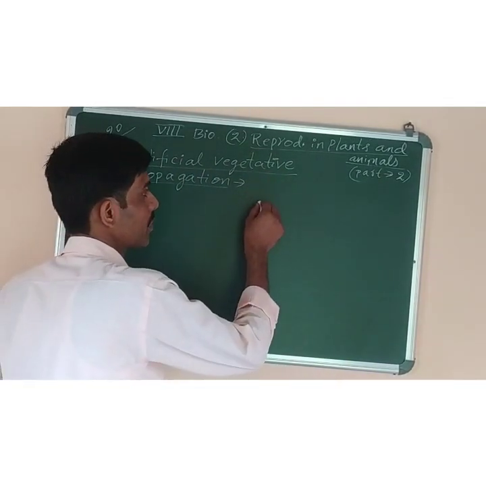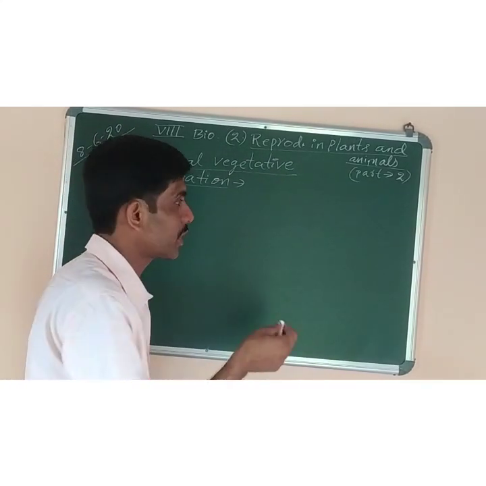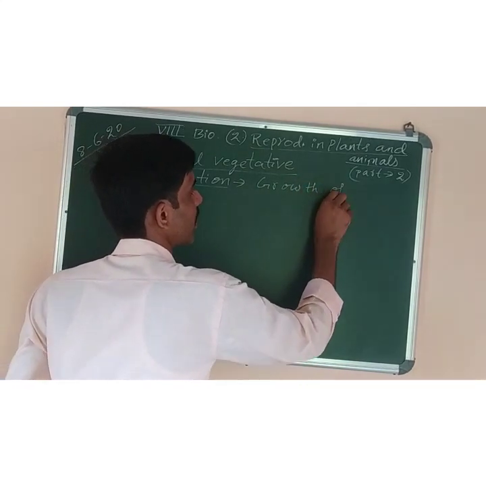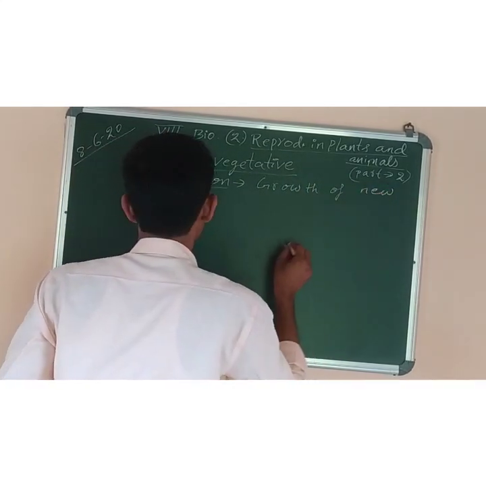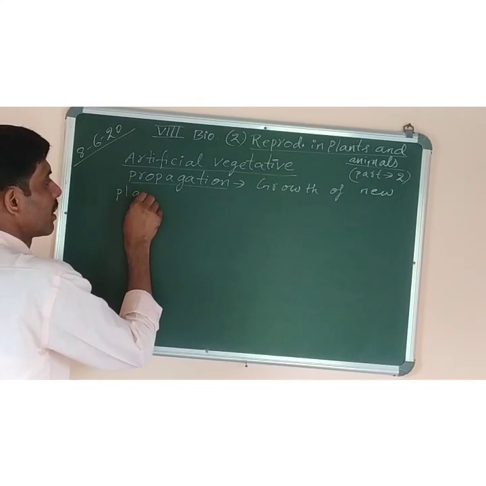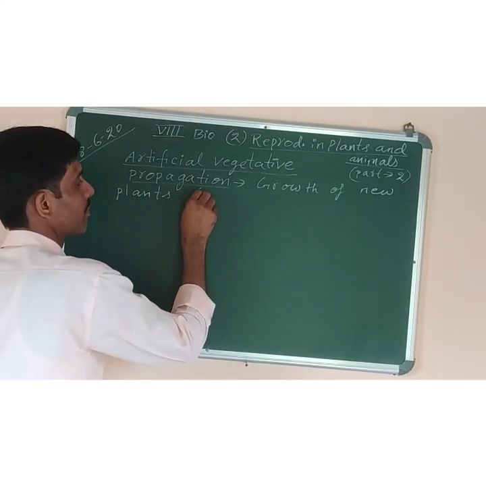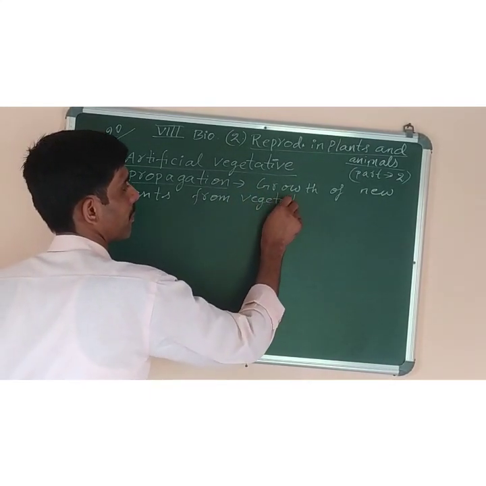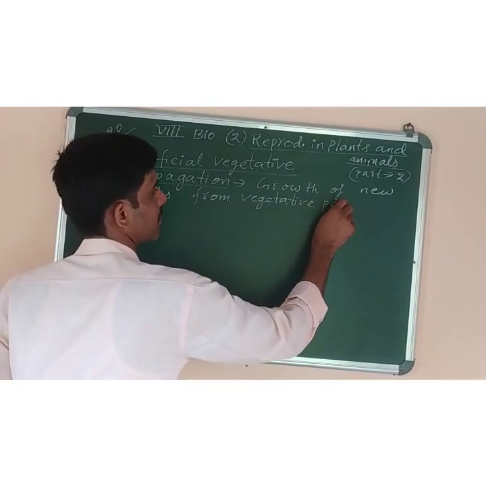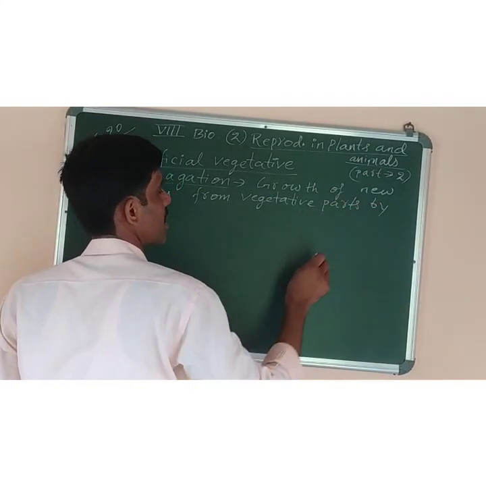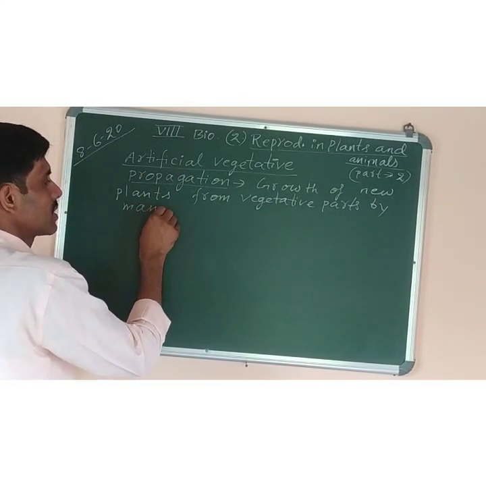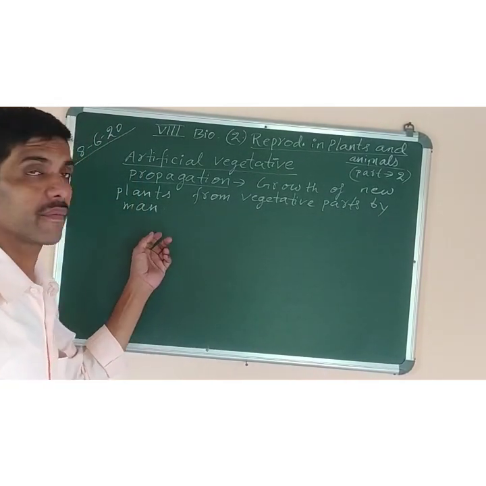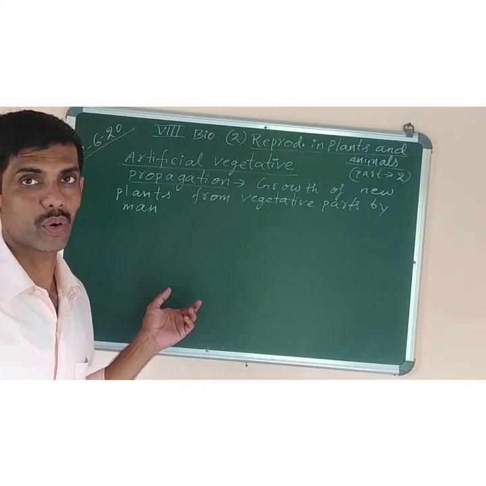So artificial vegetative propagation means the growth of new plants from vegetative parts by man. This is required because man is the one, like we are the ones who are helping the new plants to grow from the old one.